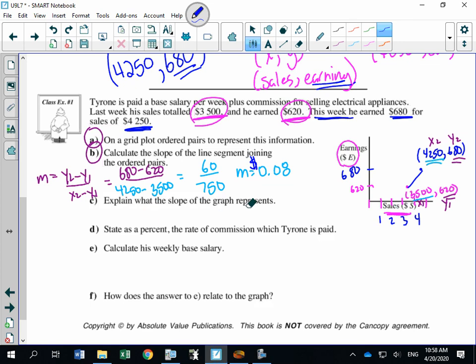So explain what the slope of the graph represents. He earns 8 cents for every $1 sold.